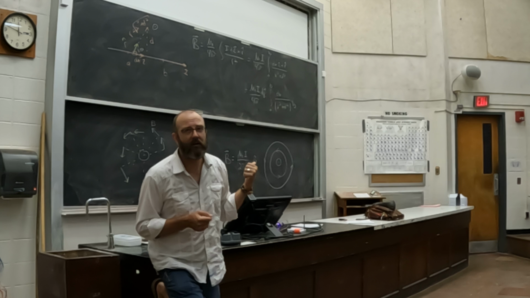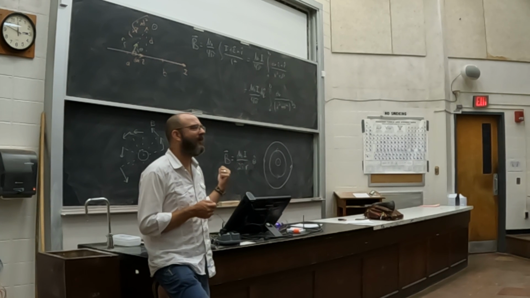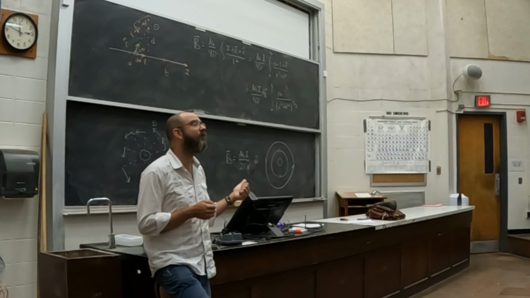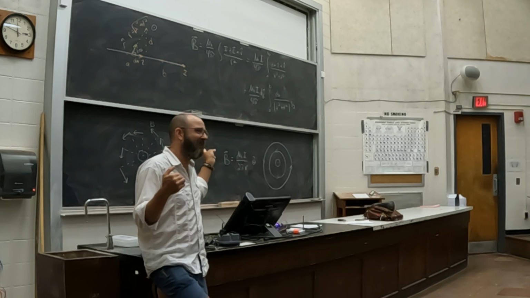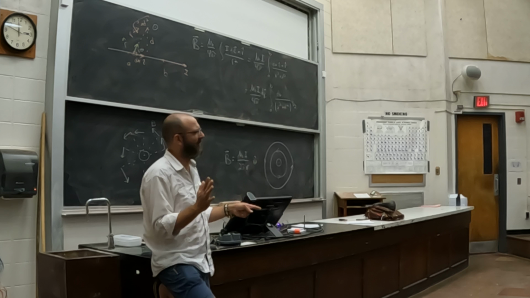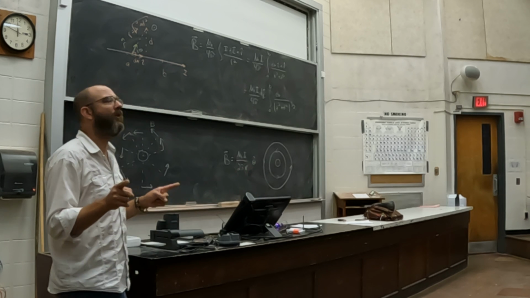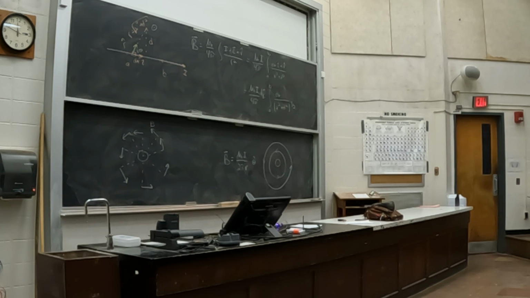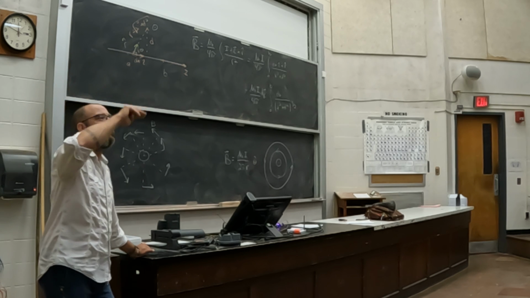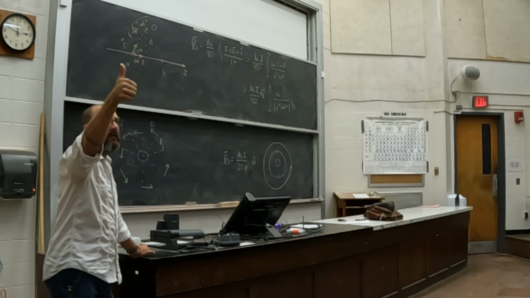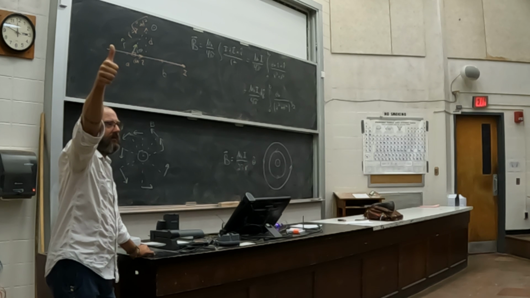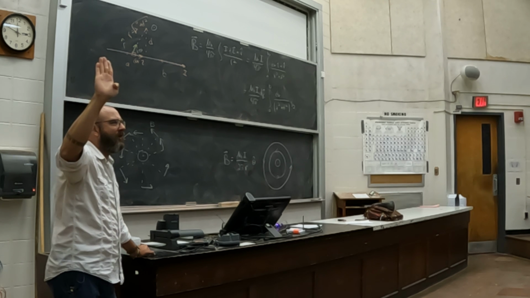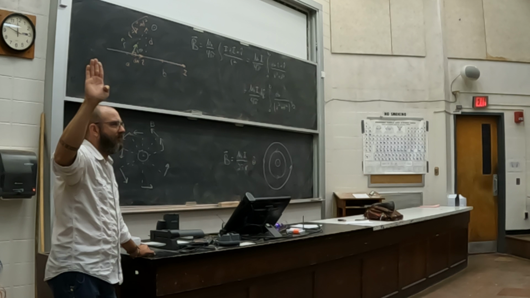Now here's the shortcut. Let me introduce you to the right-hand rule for fields. We know the right-hand rule for forces. It's the same as the right-hand rule we did for the cross product, except we have to worry about charges. Right-hand rule for fields: we again make a difference between our thumb and our fingers. Our thumb is going to go in the direction of whatever is straight. Our fingers are going to go in the direction of whatever is curved.